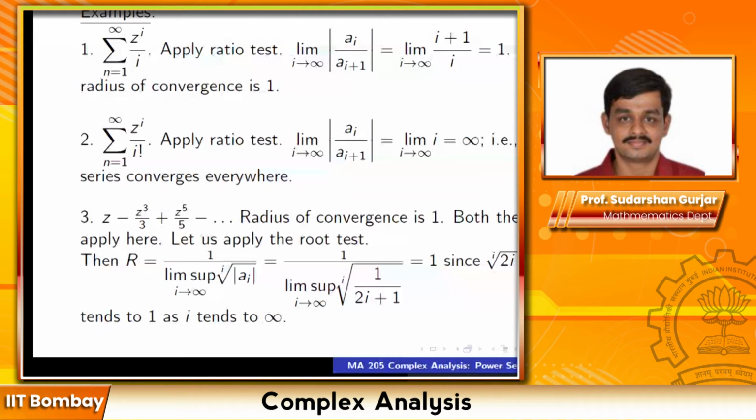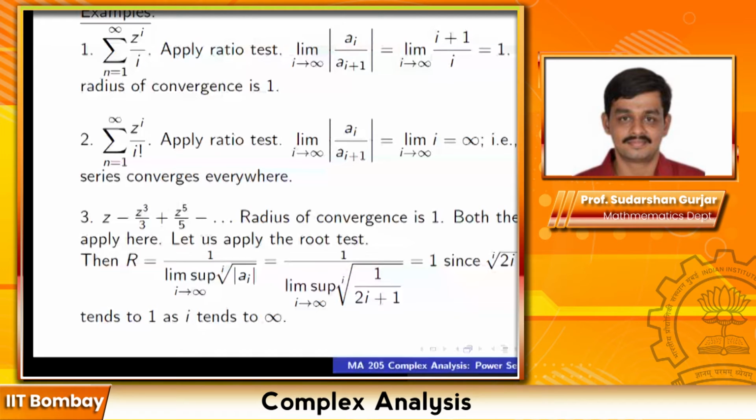Okay. Let's see some examples so that everything will become more clear, hopefully. Let's take the first example: the summation of z raised to i upon i, where i goes from 1 to infinity, not n. Doesn't matter. Let's apply the ratio test. As I said, when both tests are going to work, it's better to apply the ratio test.